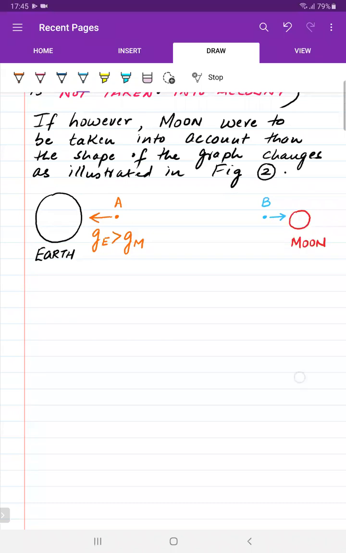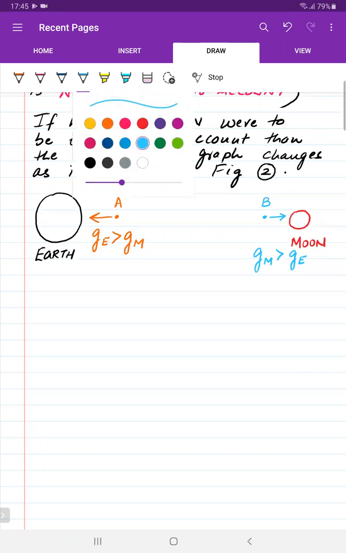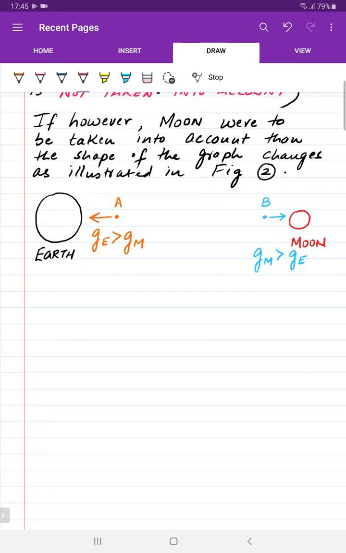And the reasoning now would be that the gravitational field strength of the moon has now become stronger than that of the earth. Now similarly, imagine if there was a point positioned right in the middle. Let's label this as C. And C is positioned at the midpoint.